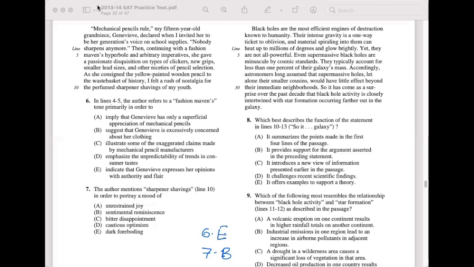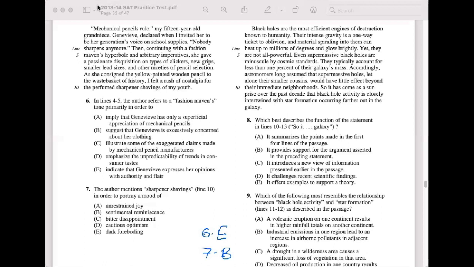And then there is a contrast where it says that, even though we have all these great things about black holes, they are quite minuscule by cosmic standards. They don't account for more than 1% of any galaxy's mass. And because of that, astronomers have long believed that they would have little effect beyond their immediate neighborhoods.